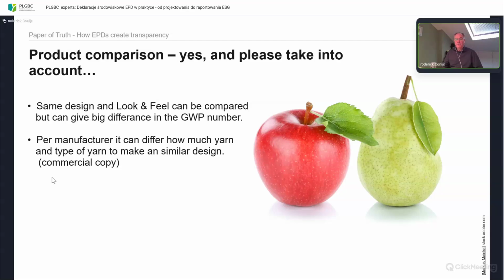For a layman looking at a carpet tile with those differences, it can look almost the same, but there is a factual difference in yarn and yarn weight. I will show you an example of that a little bit later on.